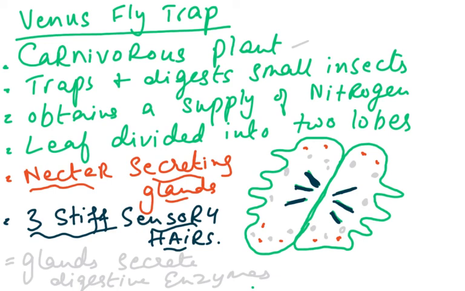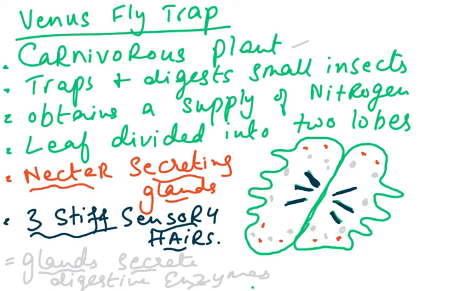But this insect is going to be digested by glands which secrete the digestive enzymes. Now, this carnivorous plant actually traps and digests insects because it needs the amino acids, because these plants usually survive in areas where there are nitrate deficient soils.